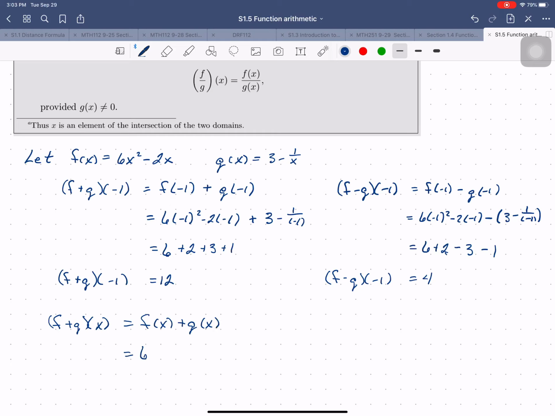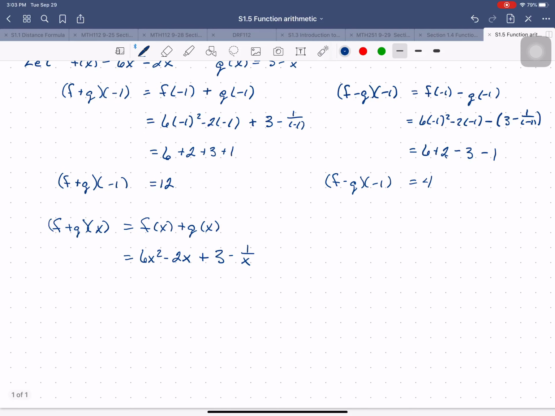So we'll write this as 6x squared minus 2x plus 3 minus 1 over x, which is just that. There are no like terms to be combined there.